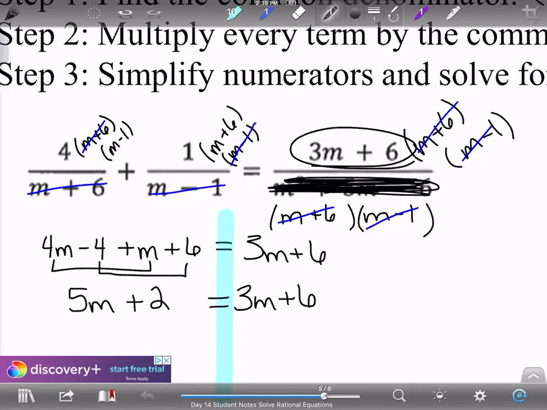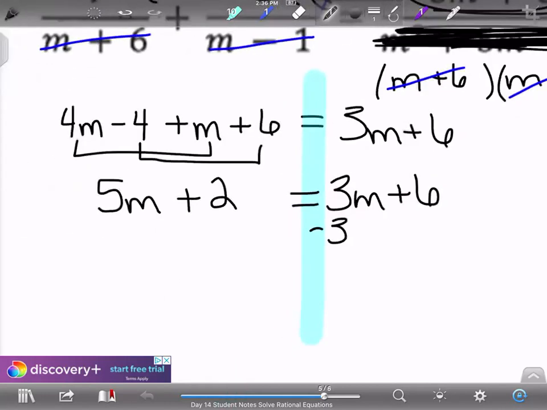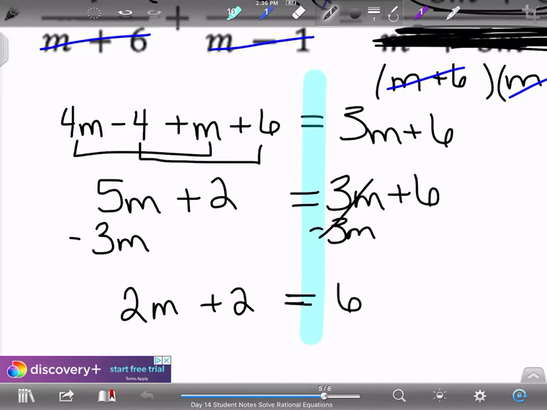And now I want to go ahead and start moving things across the equal sign using addition and subtraction, right? So I'm going to move the 3m first to cancel it out on the right-hand side. If I subtract it from the left-hand side, it's going to give me 2m plus 2 equals 6.